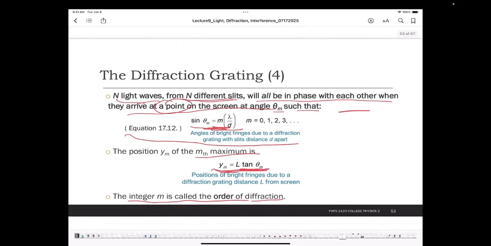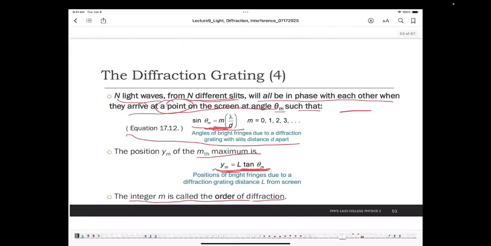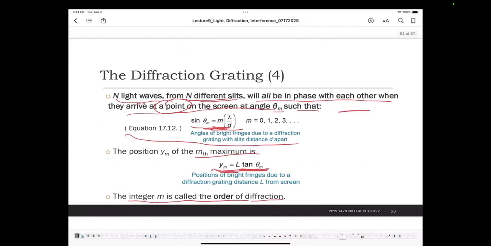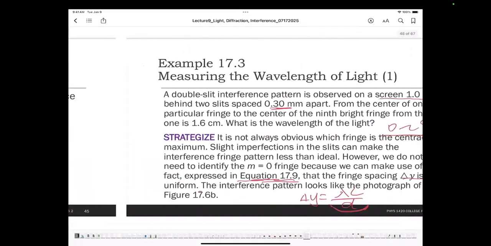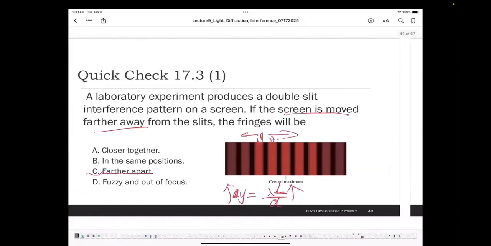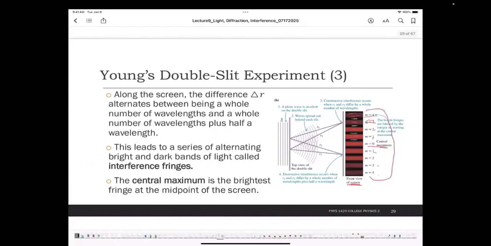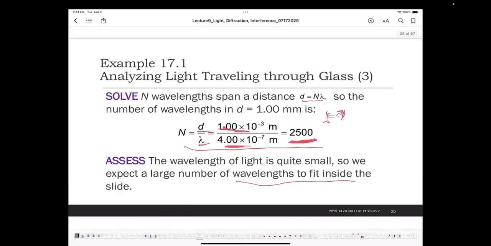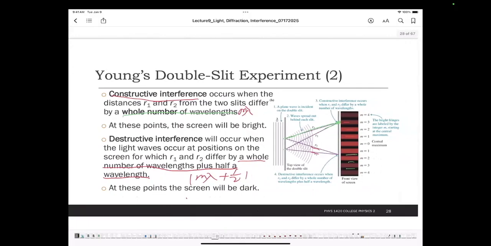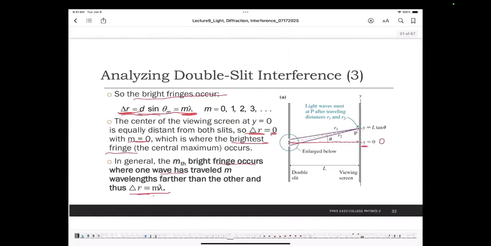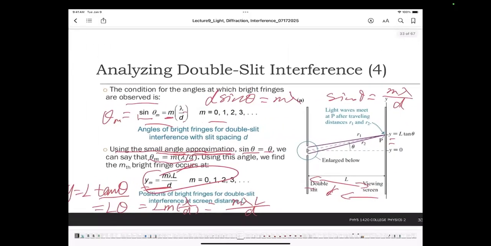Actually, the multiple-slit diffraction grating is a similar thing to the double slit, and you can see the equation is the same. If we go back to the double slit, you can see it's the same thing.